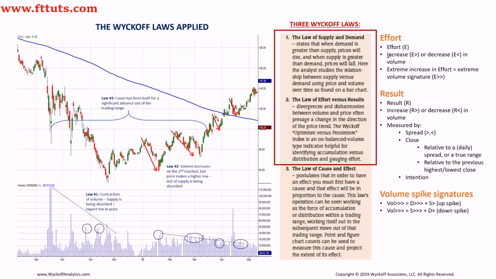It suggests that when we have an increase in effort and a decrease in the result, we are going to have an opposite conclusion to the general observation of the increased effort. We will basically say that the price is going to do the opposite thing. And that's what we need to learn. And that's why the law of effort versus result is so important.